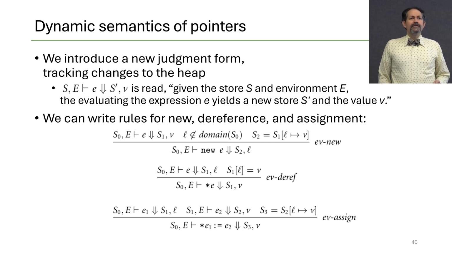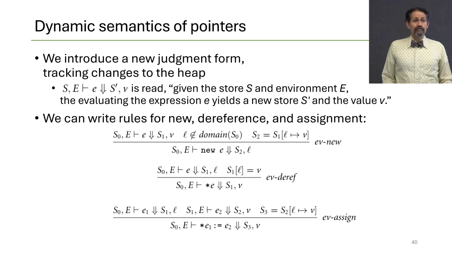What this means is, given some store, basically a representation of the heap S, and some environment that maps variables to values E, then evaluating the expression e yields some new store, S', which might have updates because we've assigned to locations in the store, and a value v, which is what the expression evaluates to. Now we can write some new rules.